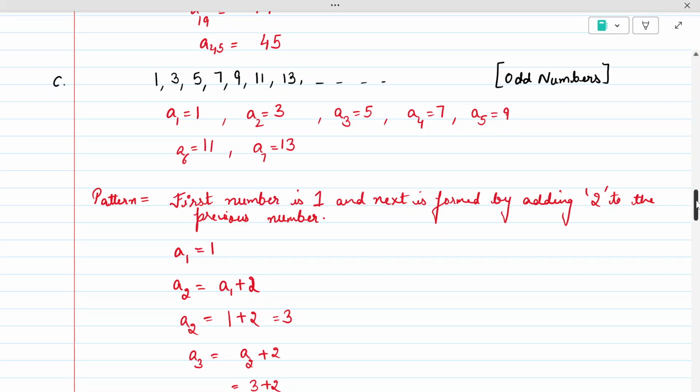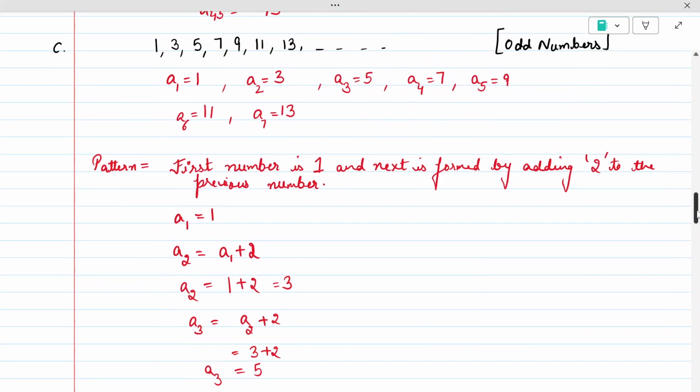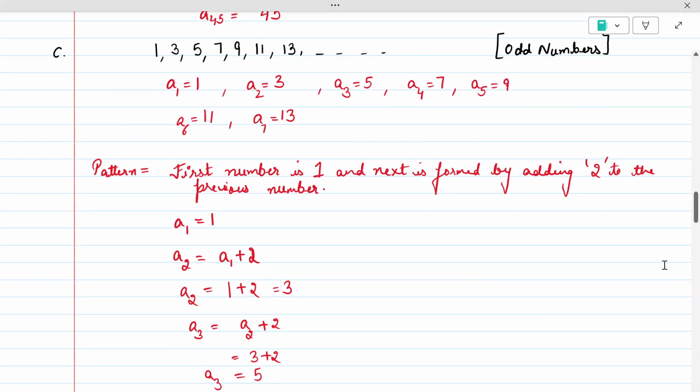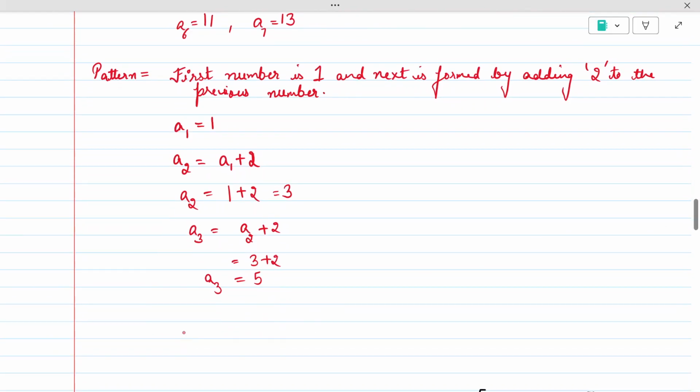So here again, if I ask you which number is present at, let's say, we have till A7, right? So let me take A9. What is present at A9? In order to obtain this, we have formulas which are given in the R.S. Aggarwal, which I am also following.